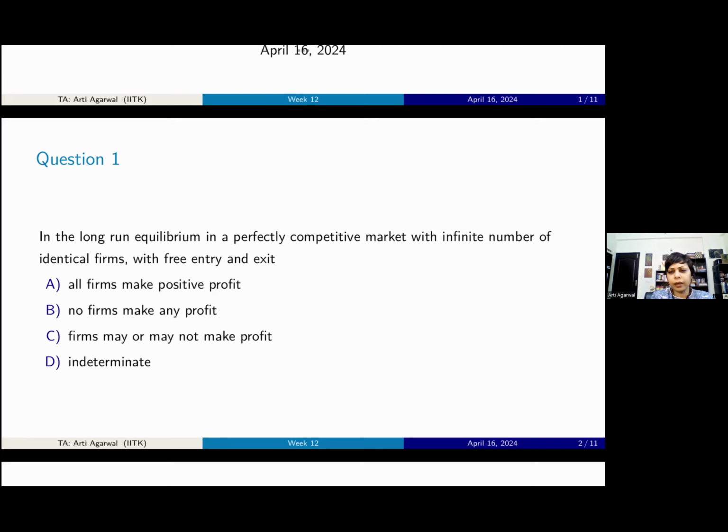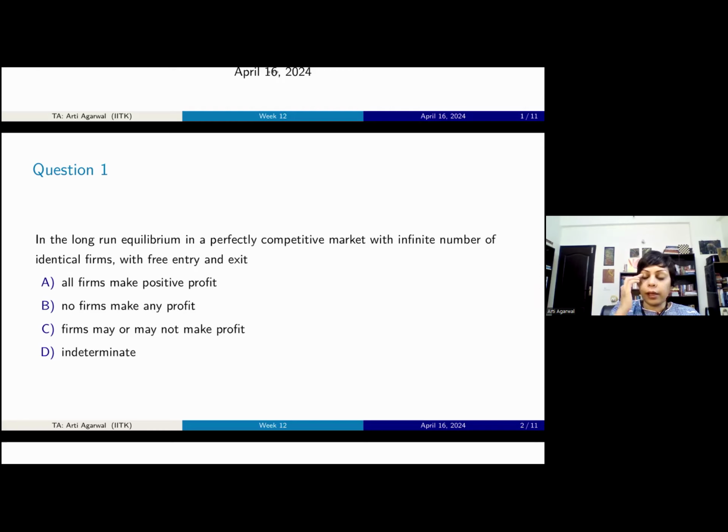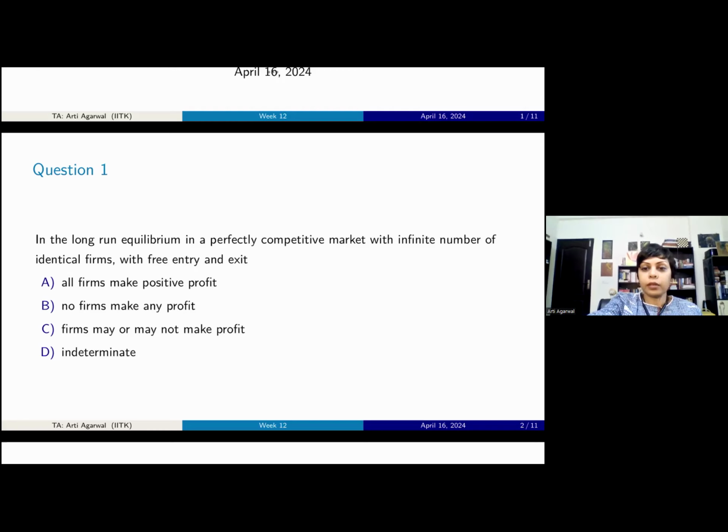Somebody had asked this question in one of the previous classes and I had explained why this is. And I think in the videos there is a mathematical explanation also of why this happens. But broadly speaking, just from the intuition point of view, maths aside, if there is profit to be made, there will be more and more firms entering that industry or market.